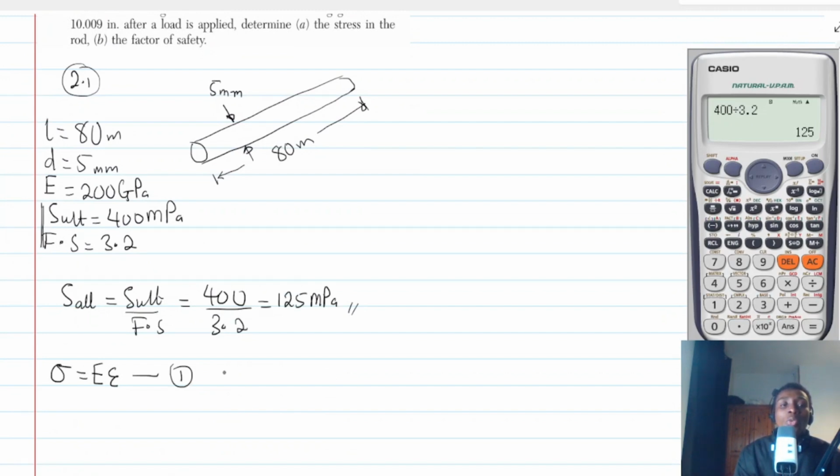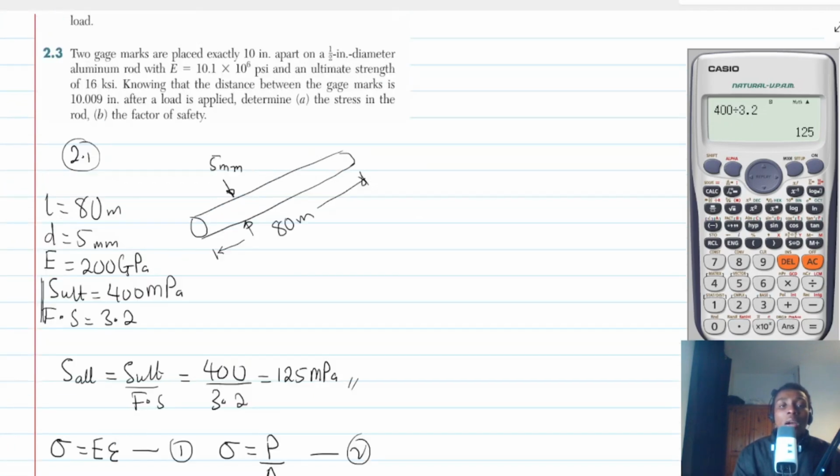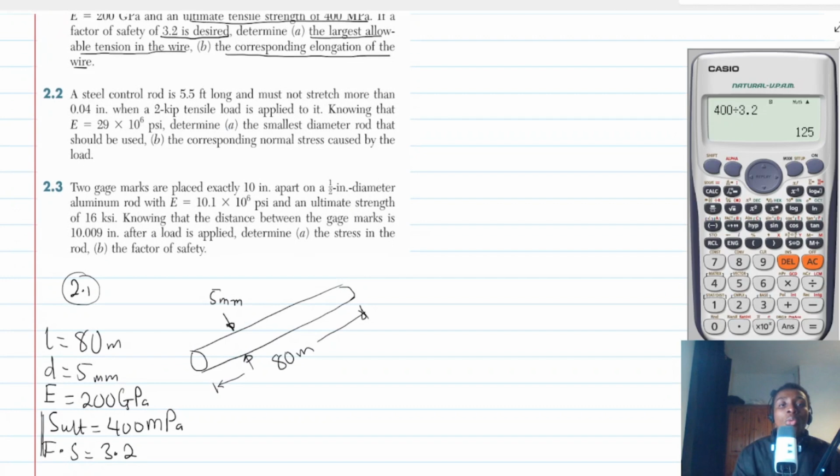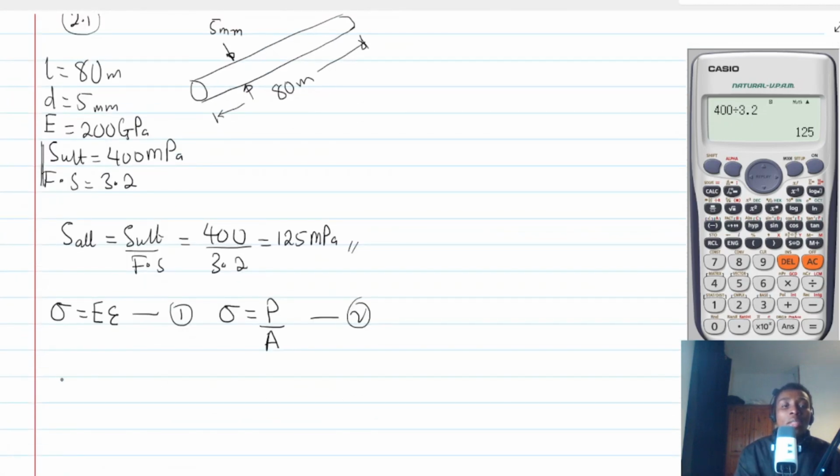We also know that the stress is the load divided by the area, and this is equation 2. And finally, we know that the elongation, which is delta, is given by PL divided by AE, equation 3.